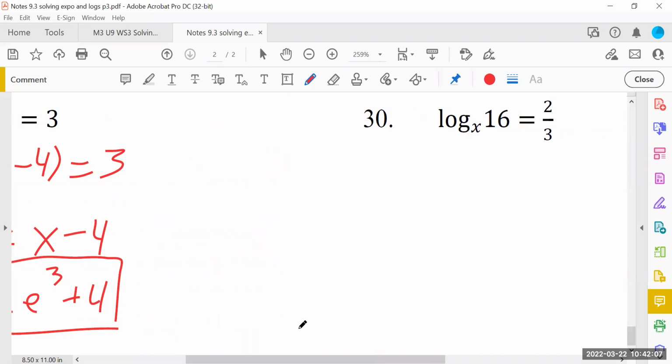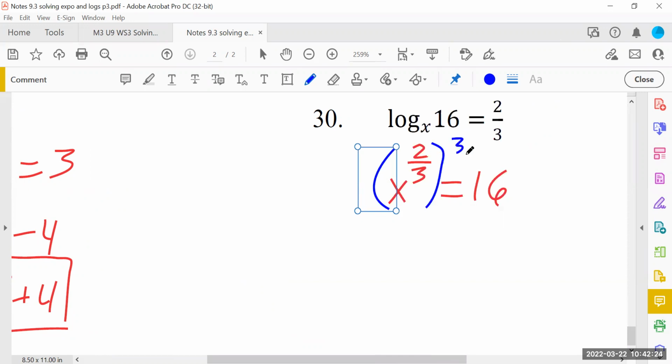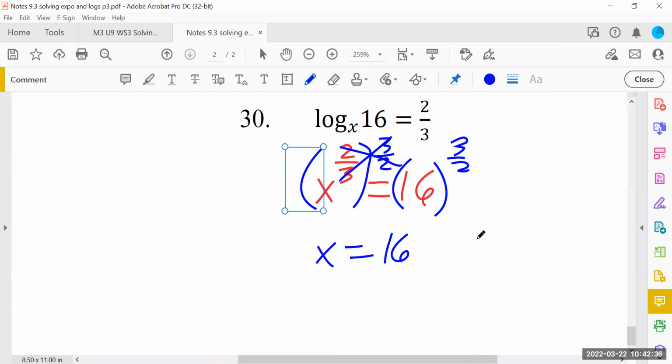And then the last one, this one's actually, so there was two like this. This one's going to be x to the 2/3 power equals 16. Raise both sides to the reciprocal power. 3 over 2. That way the 3's cancel out, the 2's cancel out. X is equal to 16 to the 3/2 power.